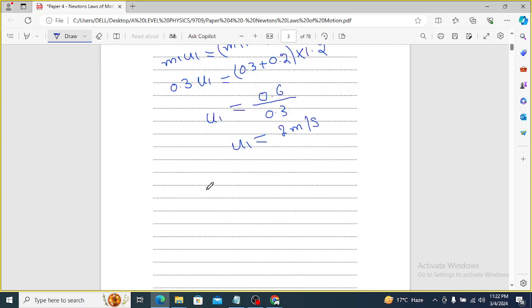Now we need to get the acceleration by using the SUVAT equation: 2as equals v squared minus u squared. So v is 2, this is 2 squared minus 5 squared, the initial speed, and 2 into a into s, where s is 1.5.